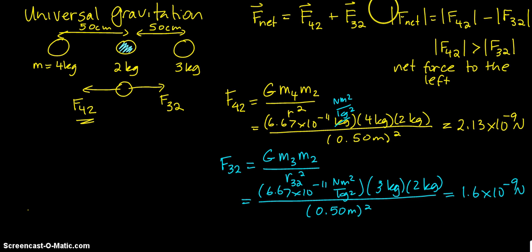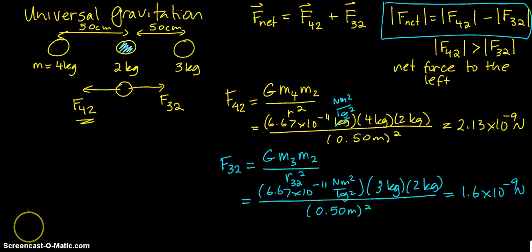Now, in order to get the net force, we must subtract the two forces. So the net force is going to be the force by the 4 on 2 magnitude minus the force by the 3 on the 2 magnitude.